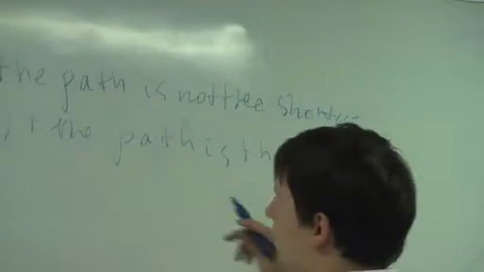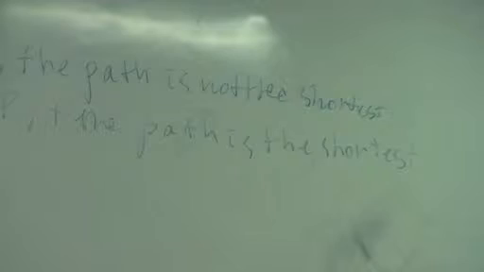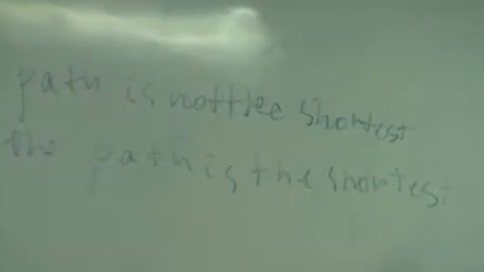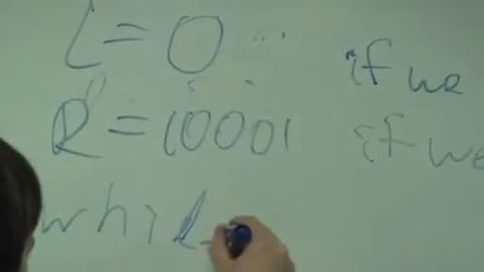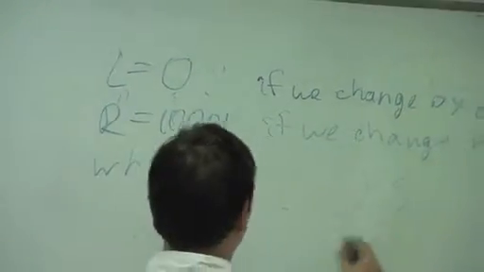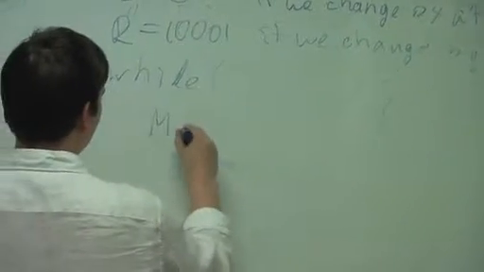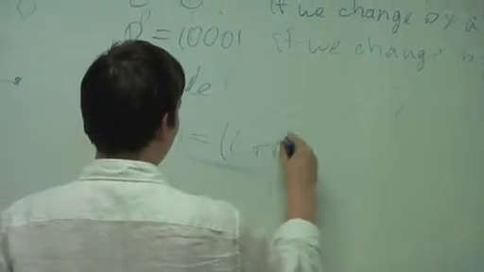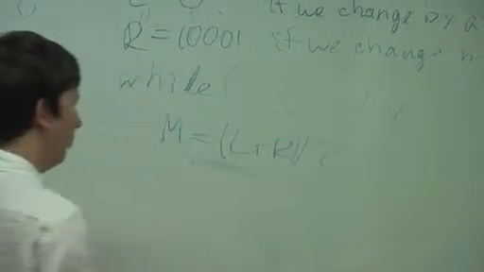So when we have these two assertions, it's easy to write the binary search. How would binary search go? While some condition, m equals left plus right divided by 2.